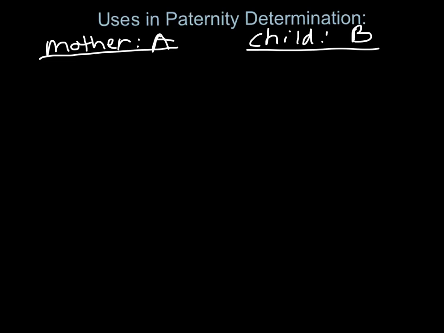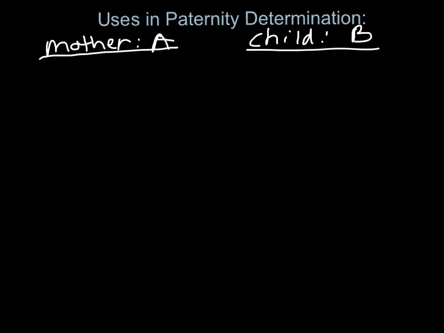If you were given this information in court, you would have the father tested for the blood type, but you have to determine what possible blood types he could be and what he can't be. So we're just going to determine what the father would have to be in order to be the father.